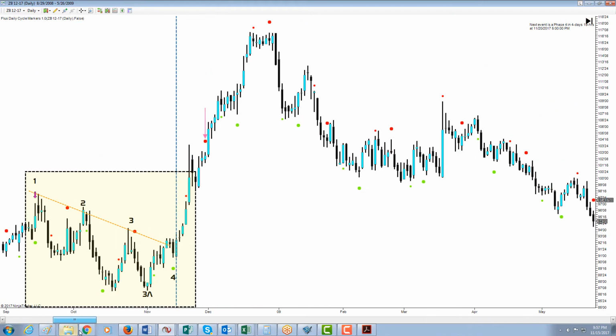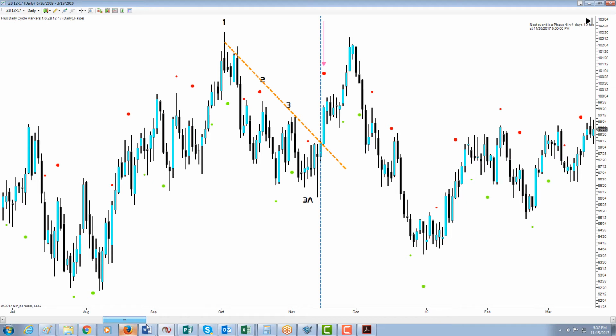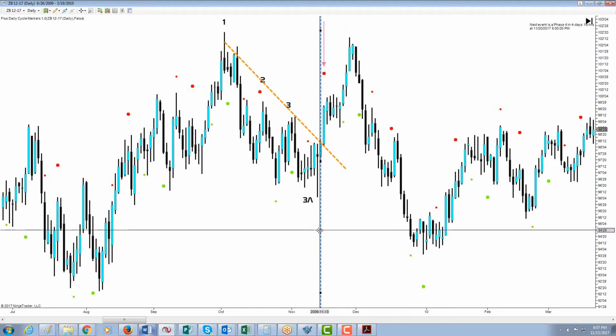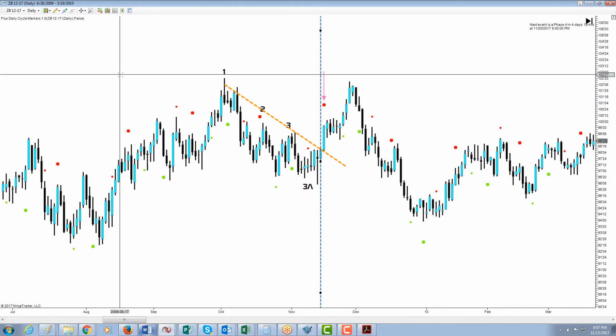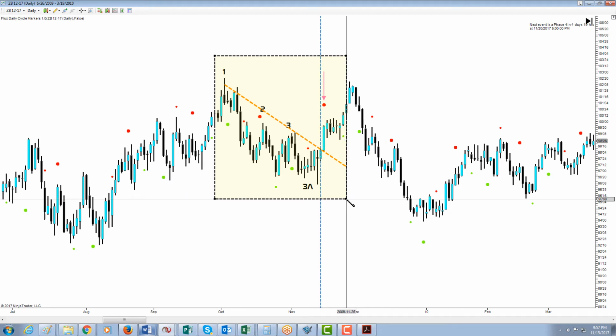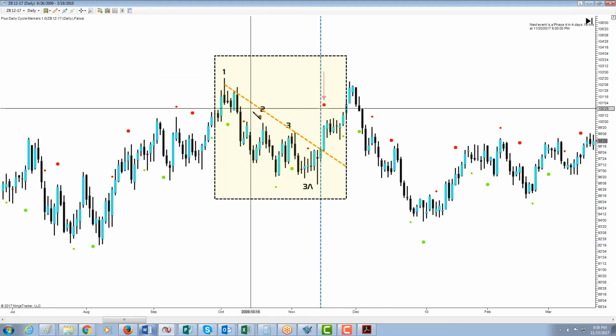We'll go all the way back to our first example, and then we'll fast forward 1 year. And now we're in 2009, and the blue line represents where we currently are in time, November 13th. Now look and see if you can identify the elements of the constellation that we're looking for. A green dot at a brand new high, starting up over here where I have a number 1.